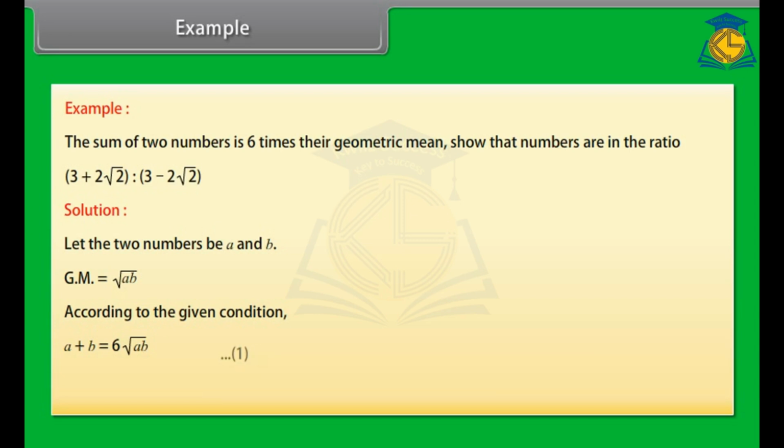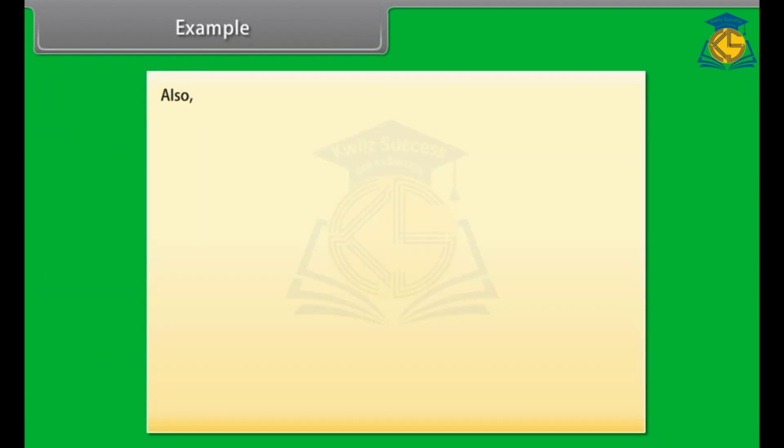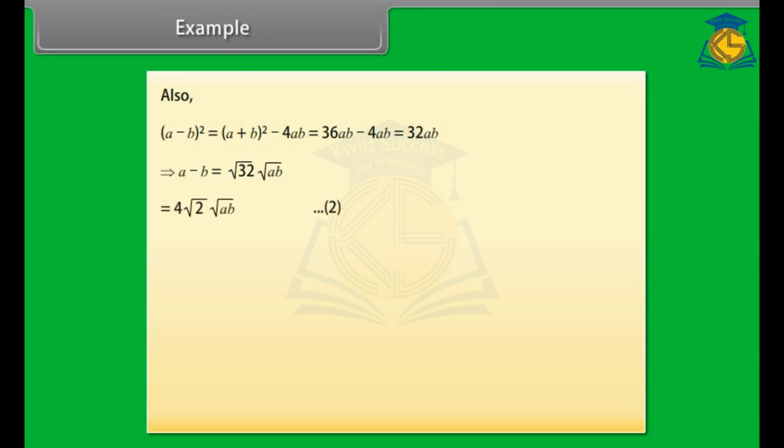Let it be equation 1. It implies square of A plus B is equal to 36 into AB. Also, square of A minus B can be written as, and A minus B is equal to 4 into square root of 2 into square root of AB. Let it be equation 2.